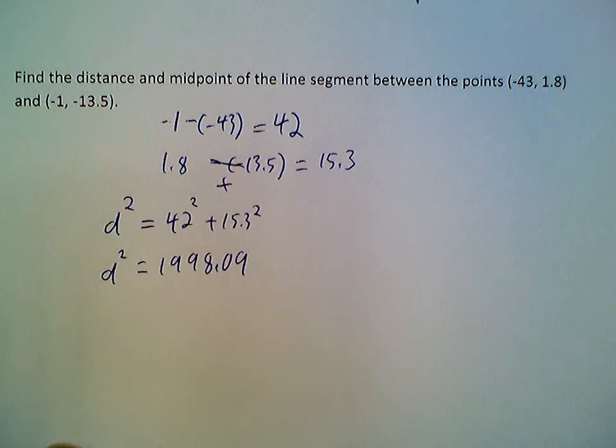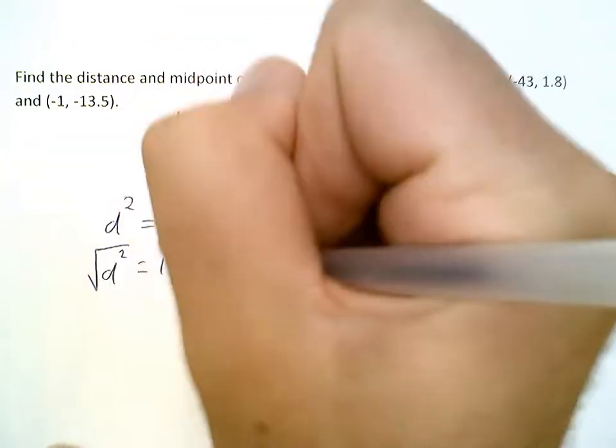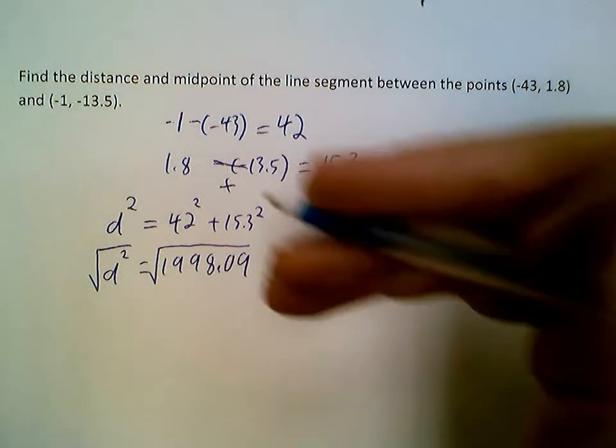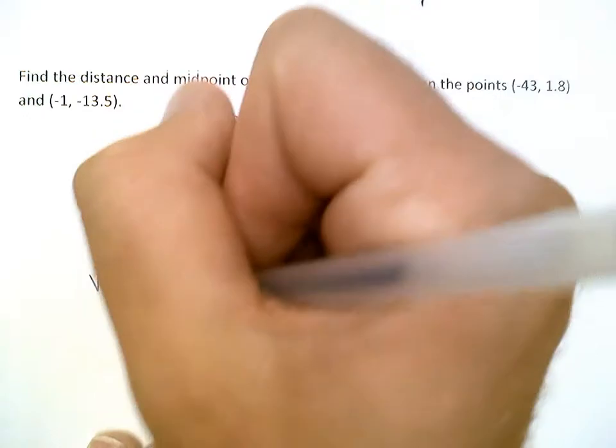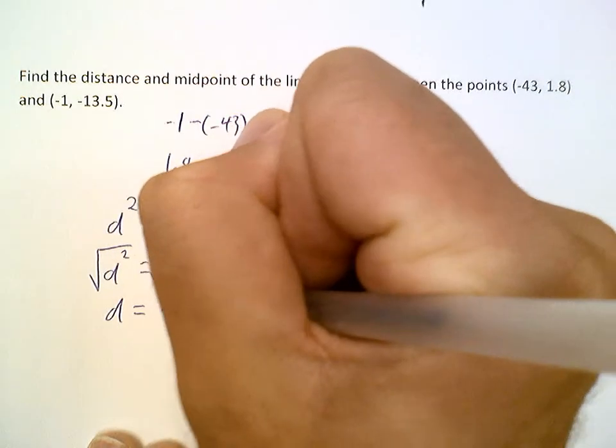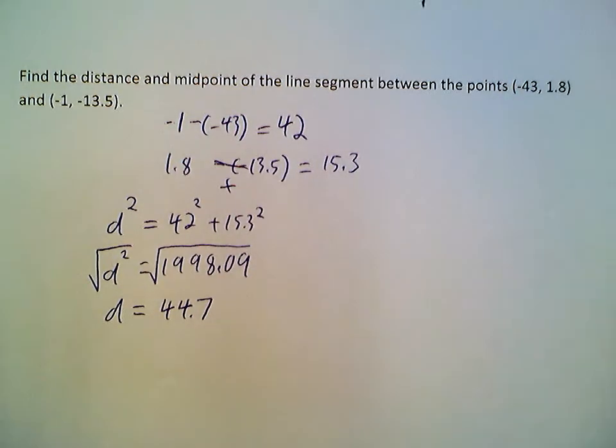Now to find out what d actually is, I'm going to take the square root of both sides. The square root of 1998.09 becomes 44.7. So my distance is 44.7.